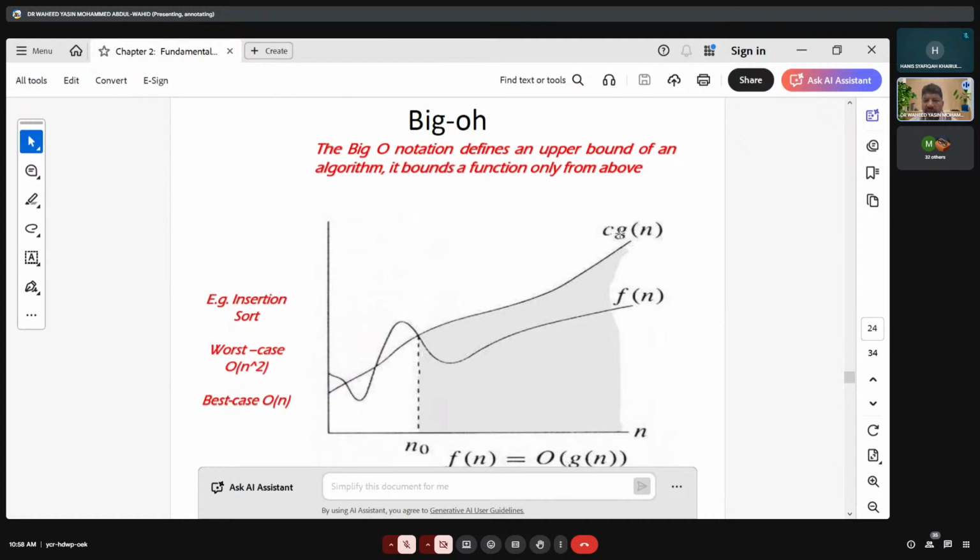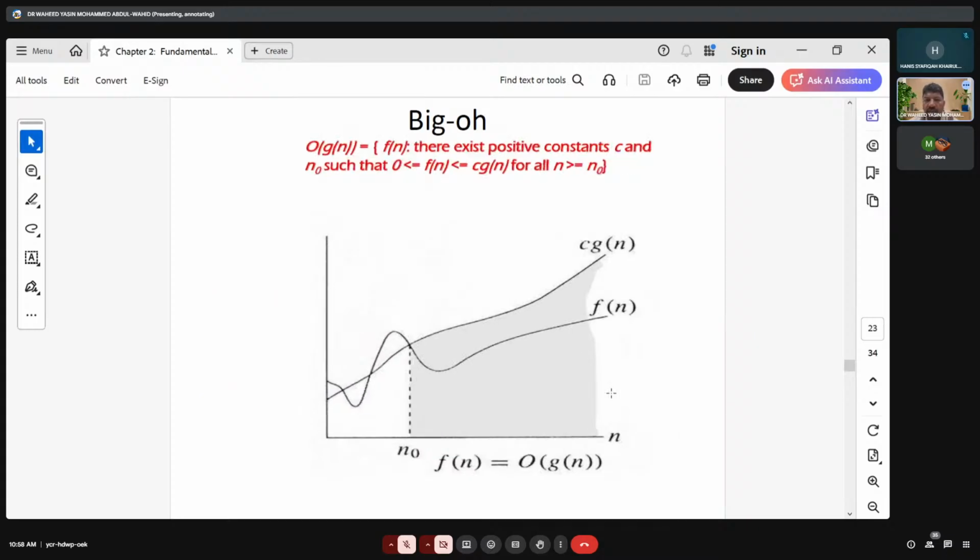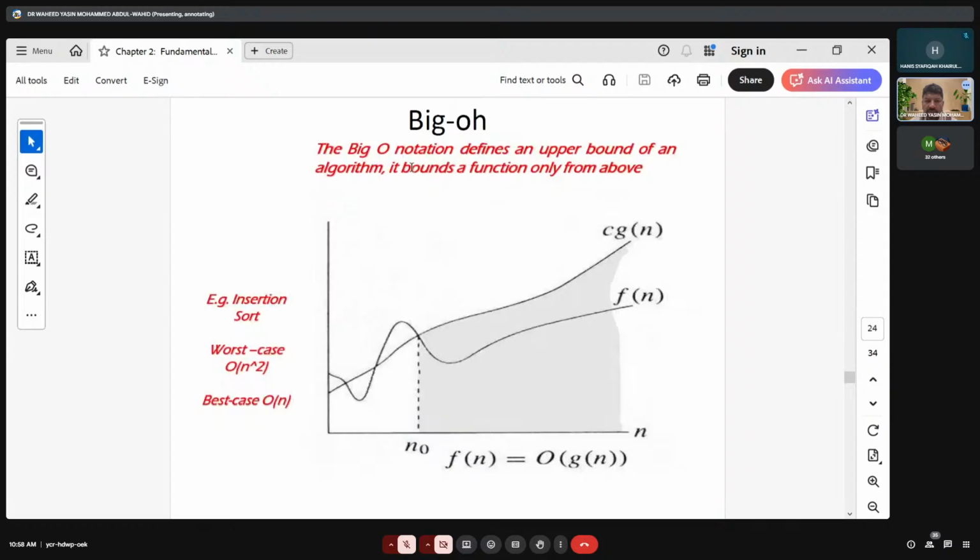We have c·g(n) constant, that is f(n) is less than c·g(n), and 0 is less than or equal to f(n). This one we call big O.